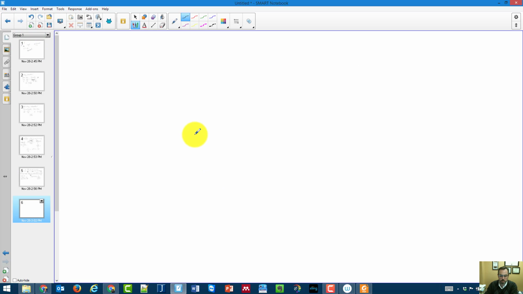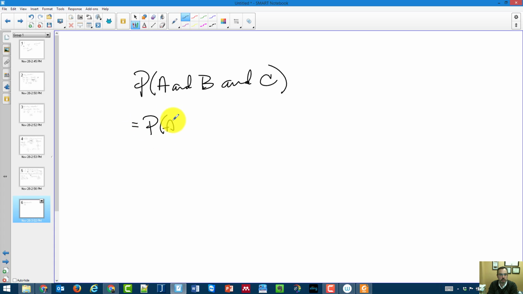So again, it really was taking the probability of A and B and C, and it was doing this: the probability of A times the probability of B given that A occurred, times the probability of C given that A and B already happened.